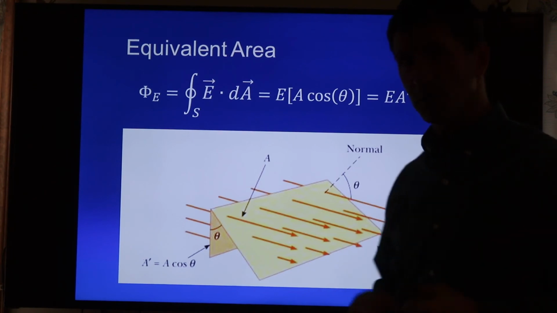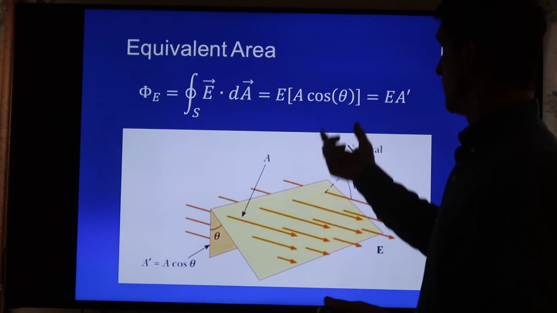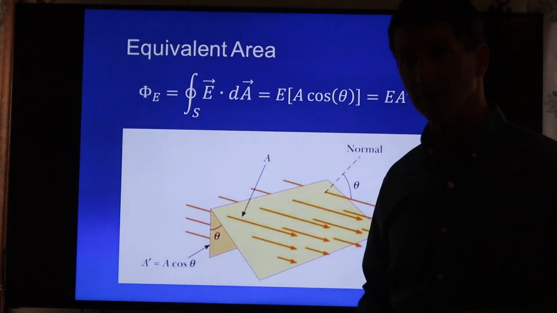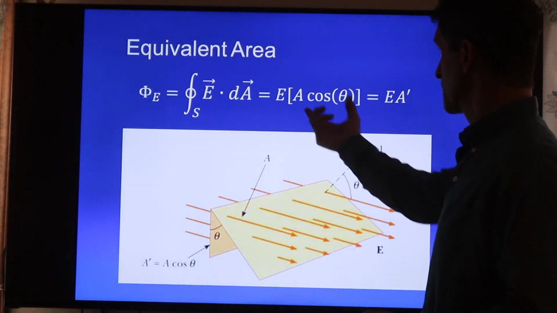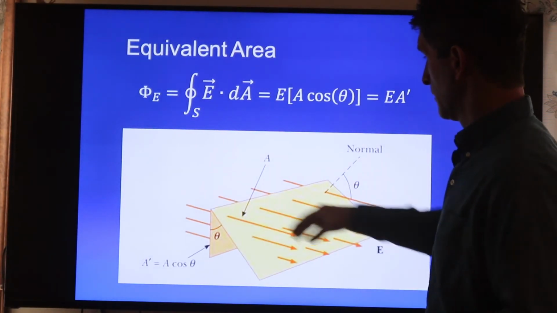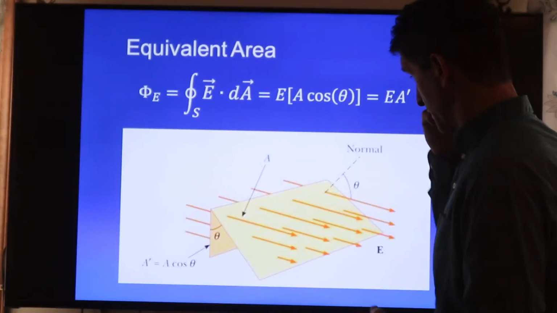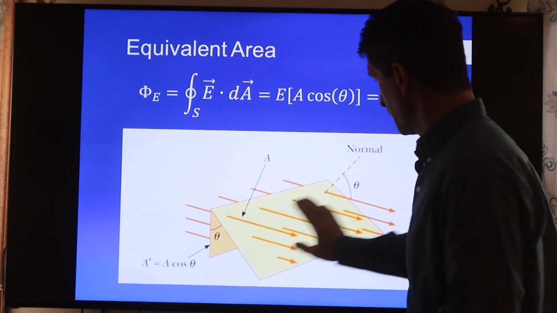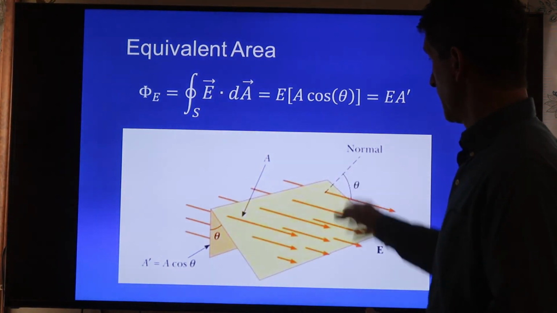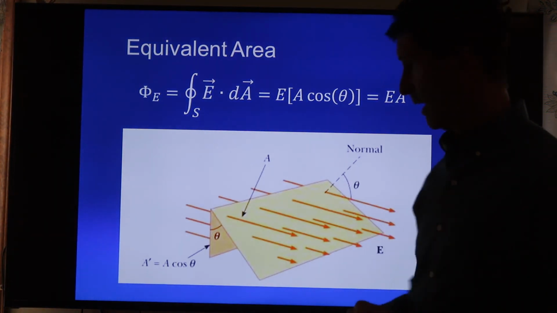This doesn't change what's really happening here, but instead of saying, what component of the electric field do we have in the normal direction, this one's saying, well, we can create an equivalent area perpendicular to the electric field line. So let's say that we have this yellow plane right here, and the electric field lines are passing through it at an angle theta. Okay?